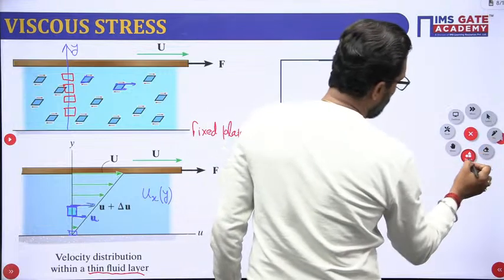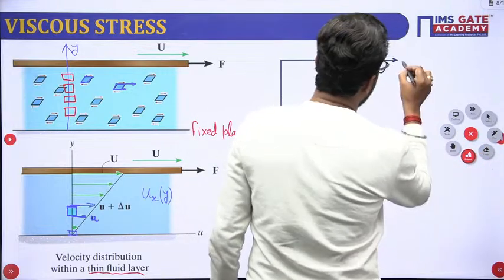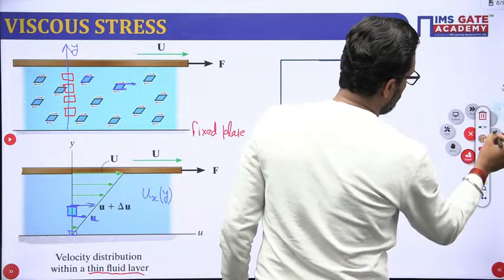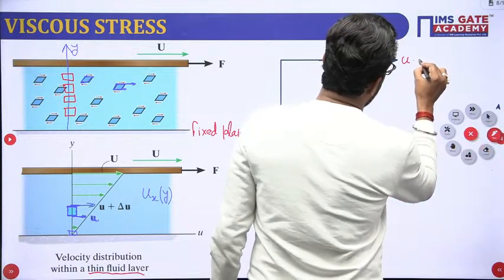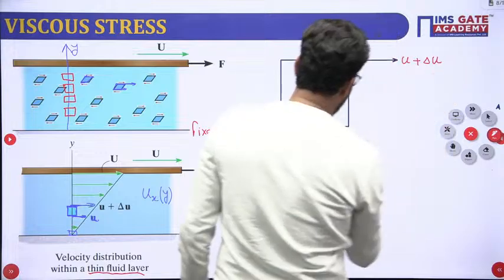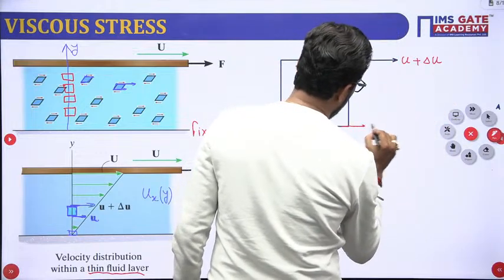Let's suppose this velocity is u plus delta u, and this lower velocity is u.